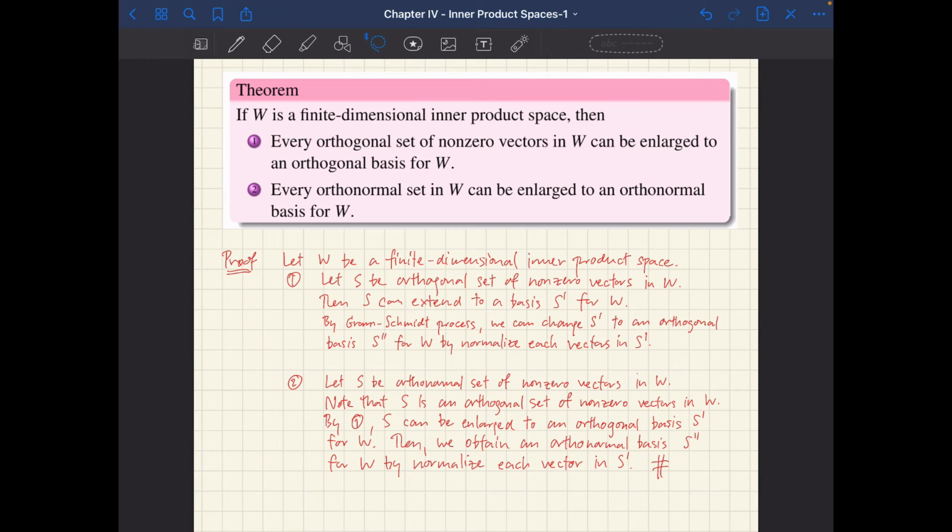Okay, so you don't need to normalize them. And number two is like number one, but you add the process of normalizing each vector in S prime. Okay, so if you need to copy this, please pause it.